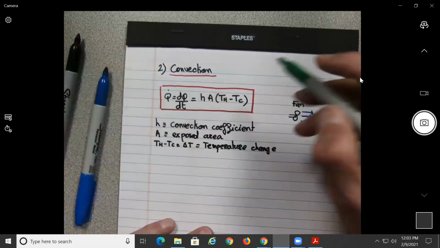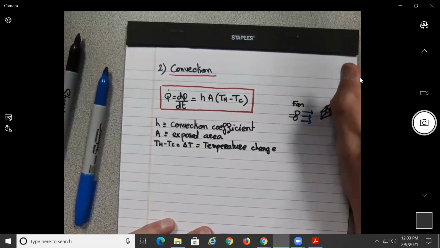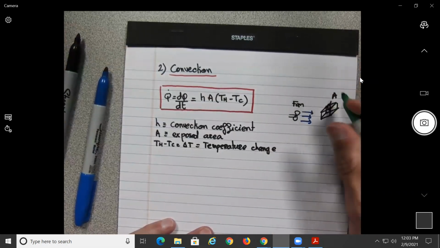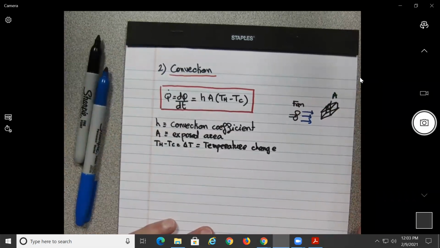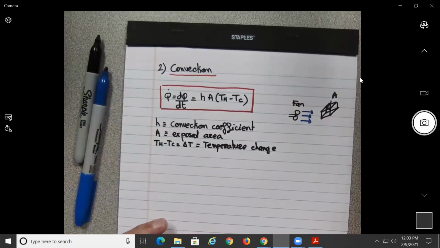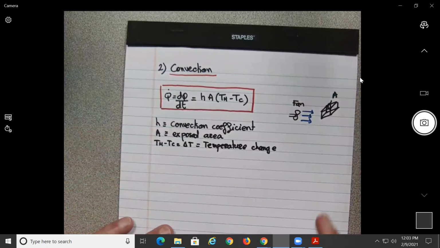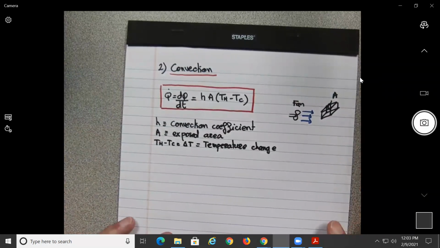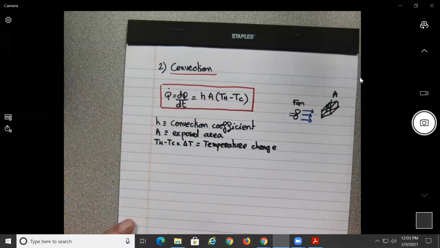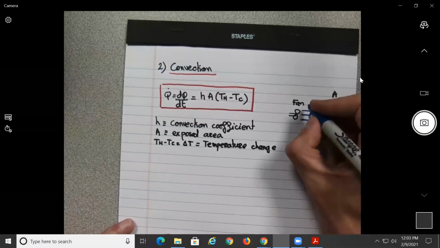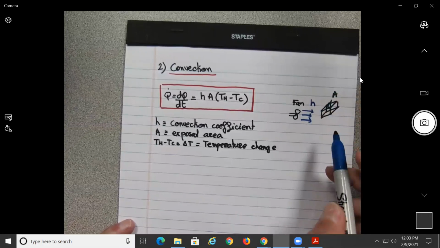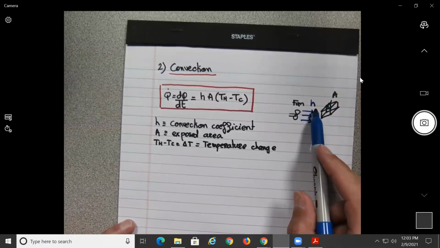What would be the area? The area would be the outside surface of the object, no? Imagine there's a fan in this room and you're under it, the exposed area will be your skin, no? Whatever is exposed to the air, all right? And now, the convection coefficient will be related to what? It will be related to the liquid or to the air, no? To the moving medium.